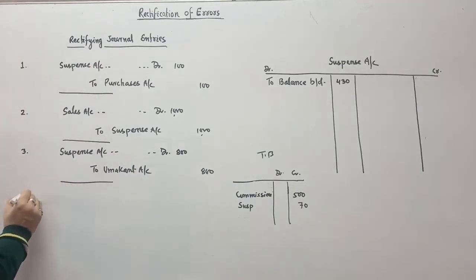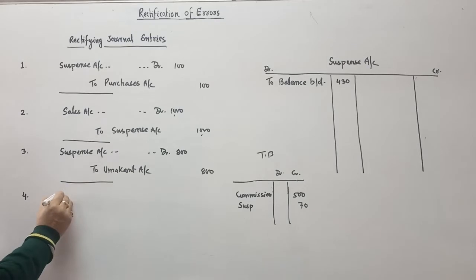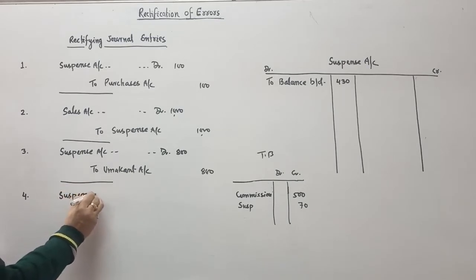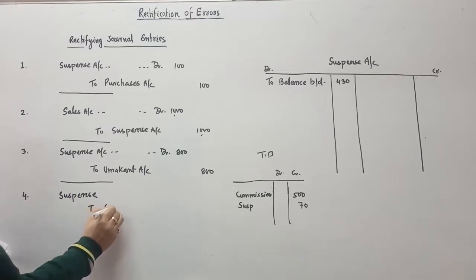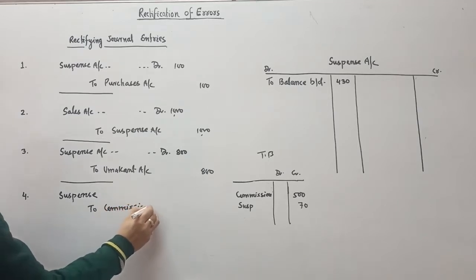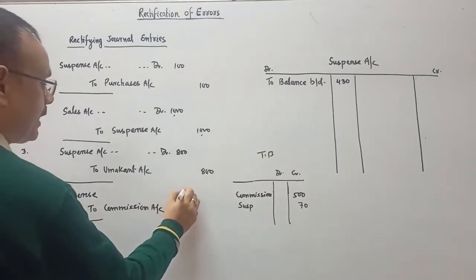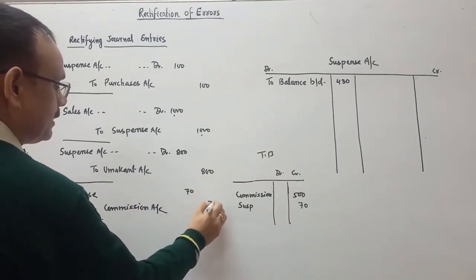So the rectification will be, suspense will be cancelled. For cancelling suspense, we have to debit the suspense account. Suspense account will be debited, and commission where we have posted less amount, that commission will be credited. Commission account will be credited by rupees 70.